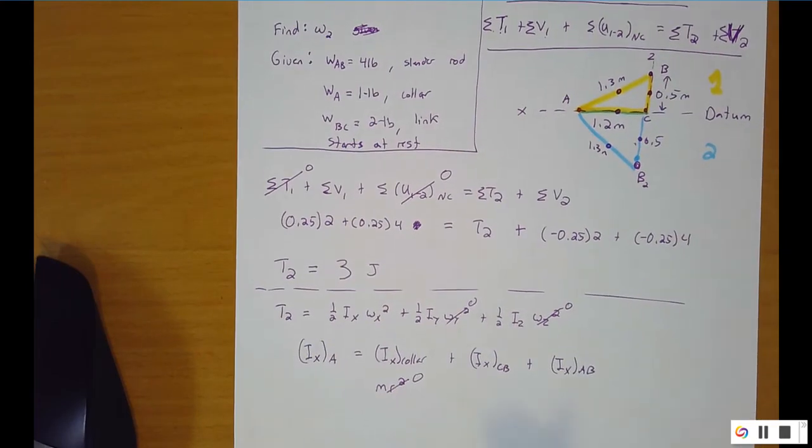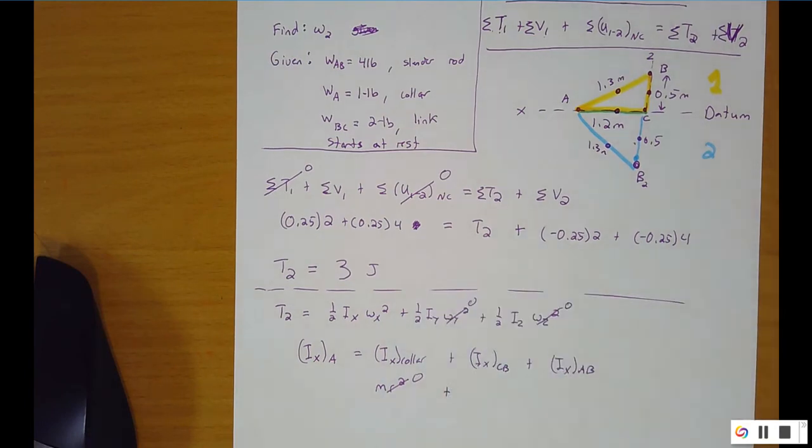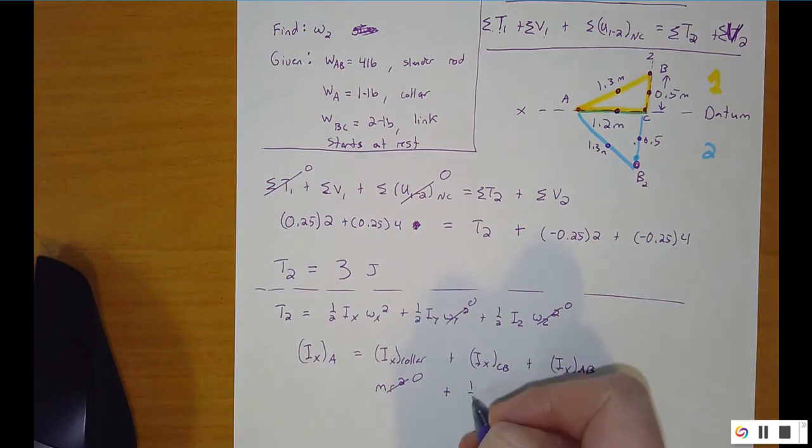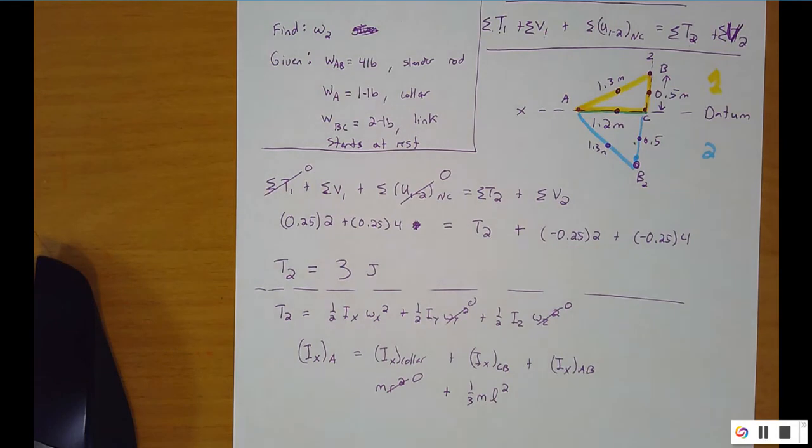It does have a mass, but not a mass moment of inertia because we neglect its radius. For CB, we're going to assume this is a slender rod. You could also assume a thin plate, but I'm going to do a slender rod for this. And so we're going to do this about its endpoint, which means we're going to get 1/3 mass length squared for our linkage.